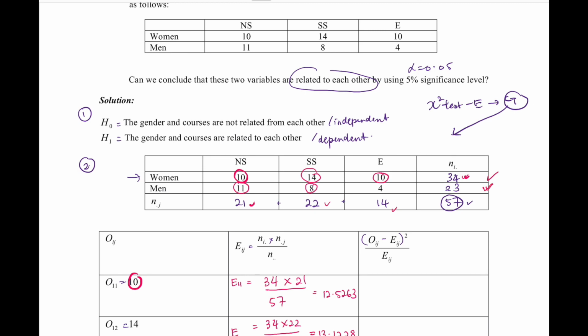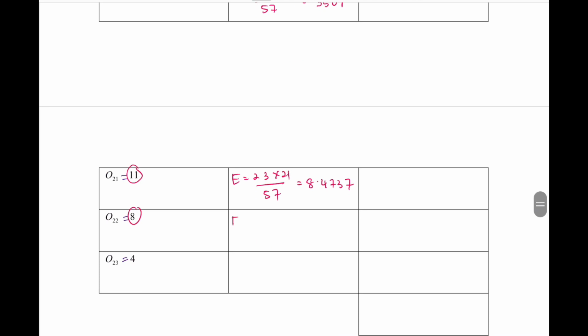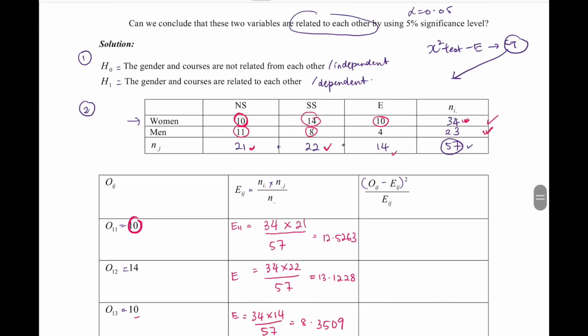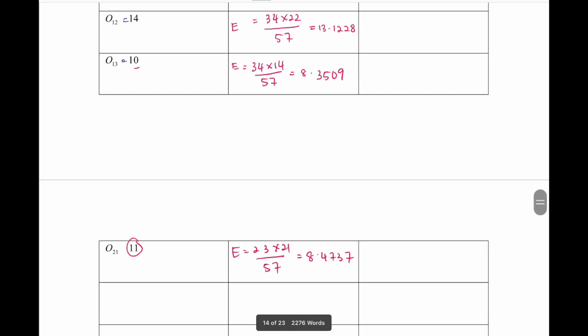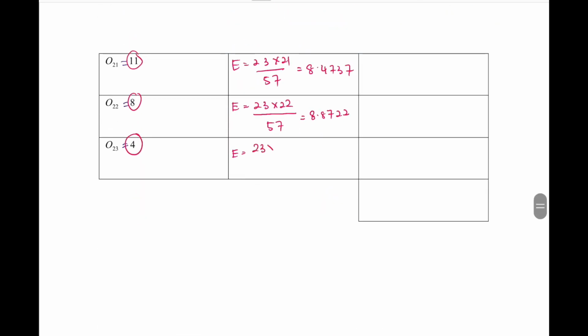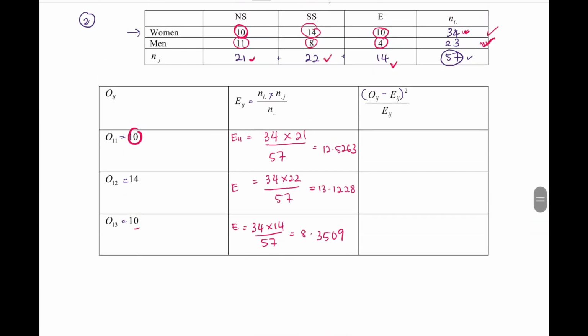So 23 and 22: 23 times 22 divided by 57. Okay, next, E for 4. 4 is located at row 2, column 3. 23 and 14, so 23 times 14 divided by 57. Okay, done for all the E.